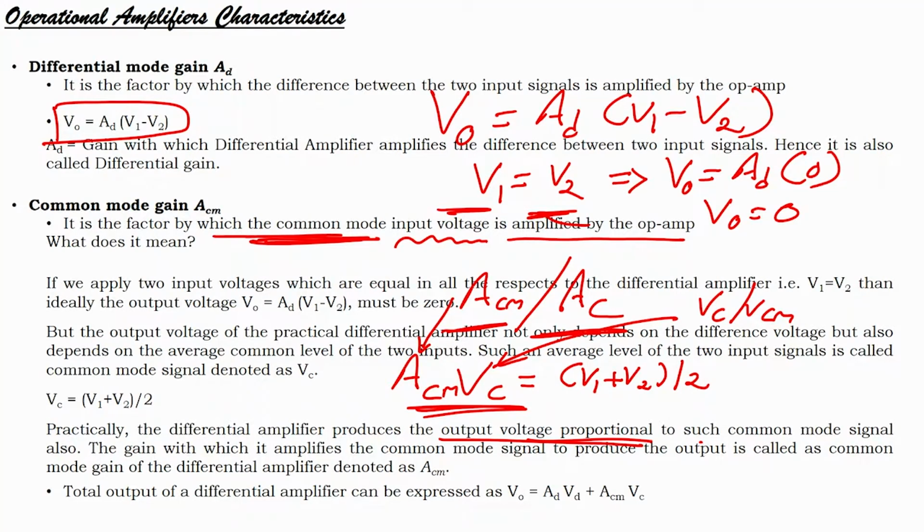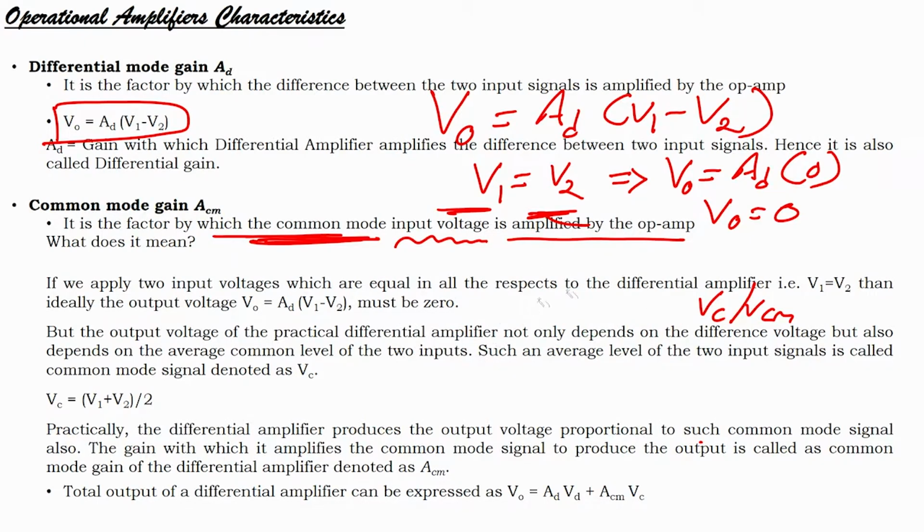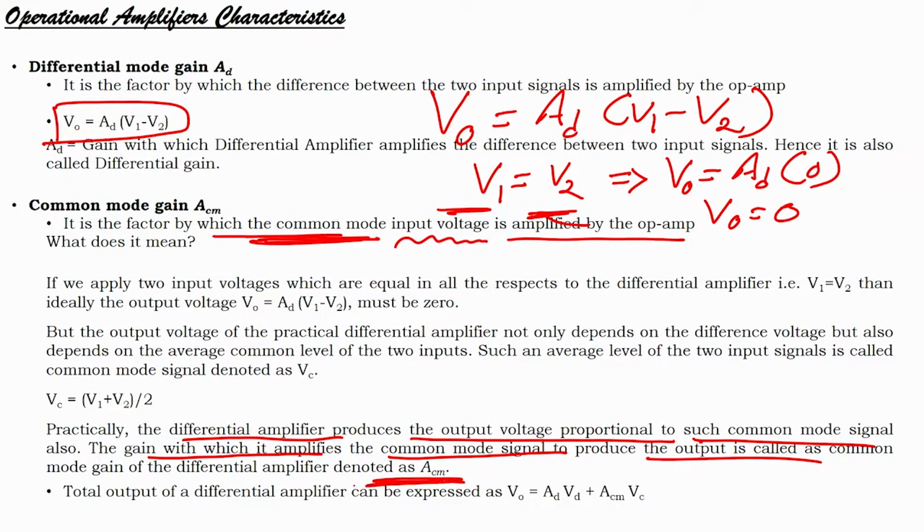Now let us read this sentence once again. Practically, the differential amplifier produces the output voltage proportional to such common mode signal. The gain with which it amplifies the common mode signal to produce the output is called the common mode gain, ACM.